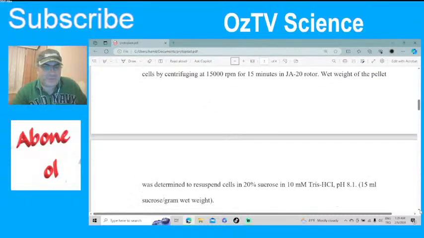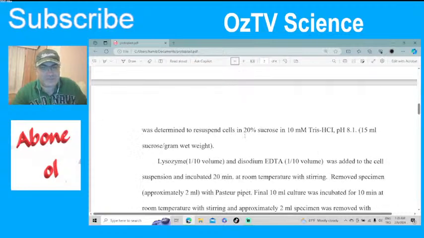And the wet weight of the pellet was determined, and cells were resuspended in 20% sucrose in 10 millimolar Tris, 15 ml sucrose per gram wet weight.